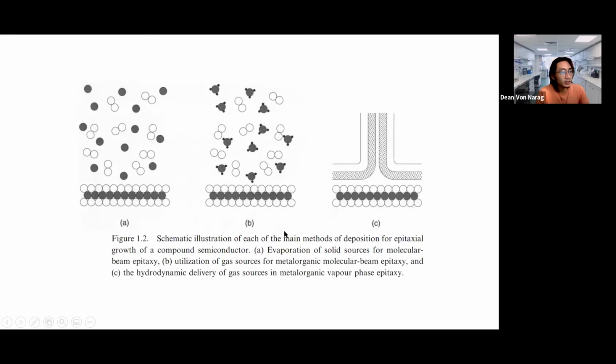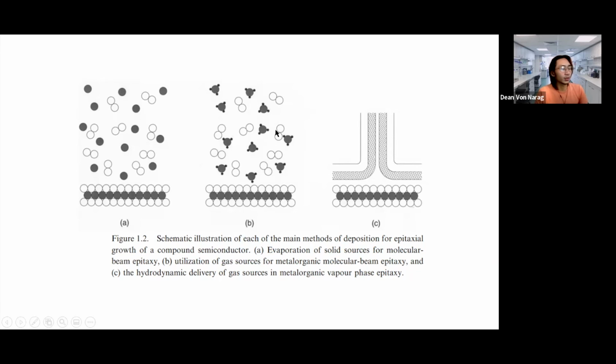Here is a schematic illustration of some sources or precursors that you can use for epitaxial growth. For A, we have evaporation of solid sources for MBE. And then B, utilization of gas sources for metal organic molecular beam epitaxy.